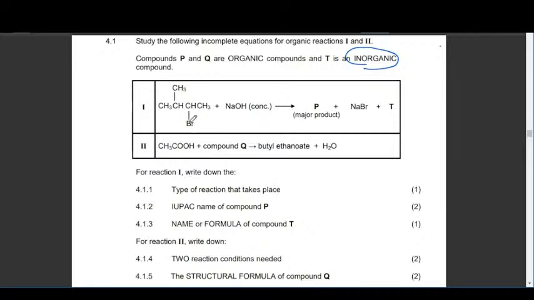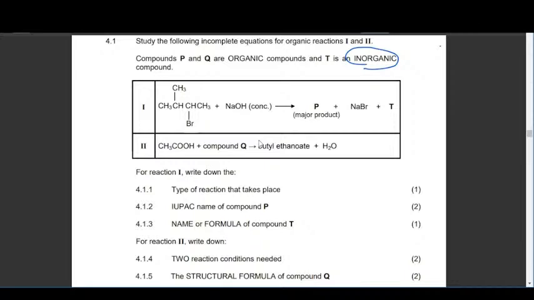You have this bromide and sodium hydroxide, but this is concentrated. So it means that OH is not in abundance. Therefore, the OH won't be added to this. So it can't be substitution. So this one is going to be removed because of the concentrated sodium hydroxide. So it means that P is going to be an alkene.